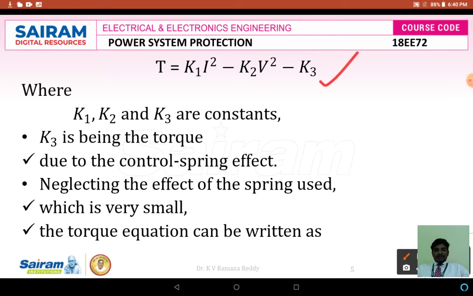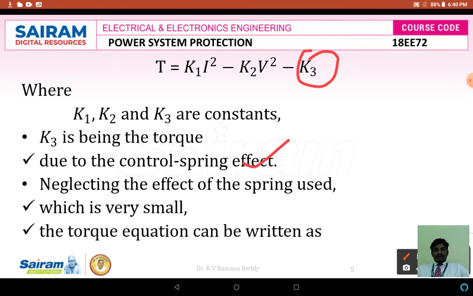In this torque formula, K1, K2 and K3 are constants, and among these three constants K3 can become 0 when we do not consider it, because of the control spring effect.